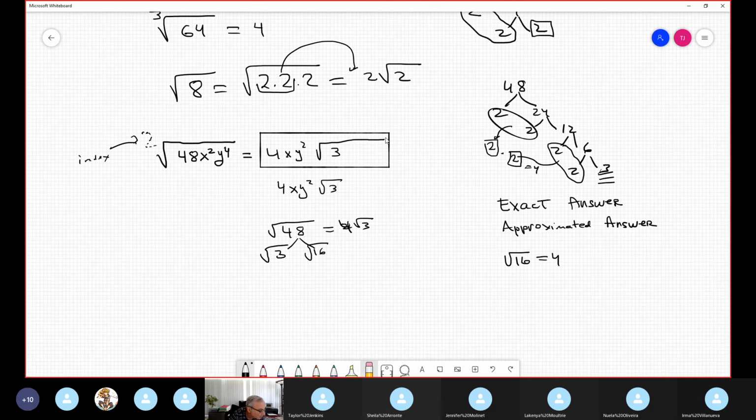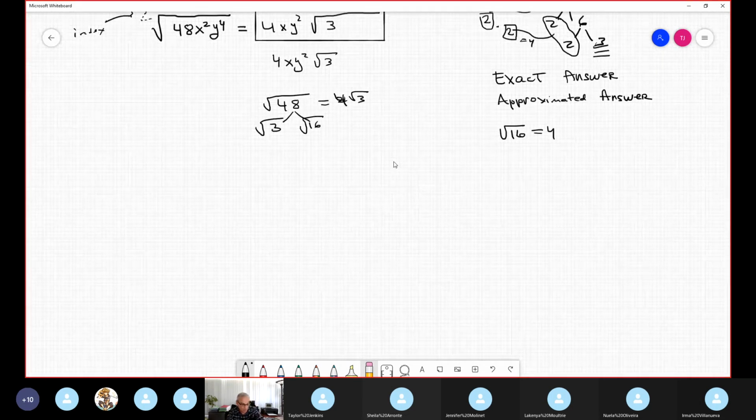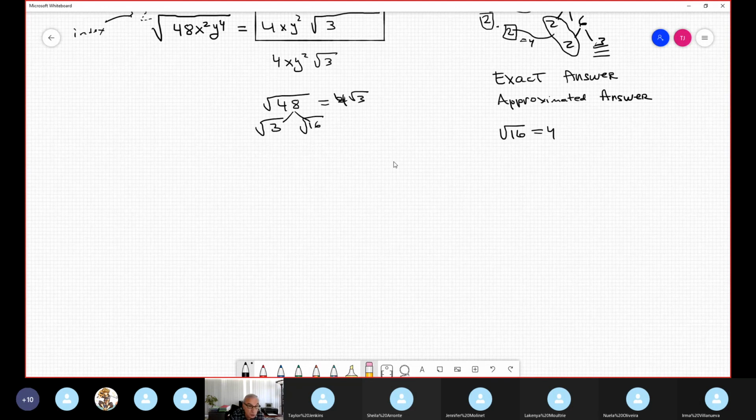Okay. Let's do one more. This is like an introduction for the radical. Now one more, and after we dedicate the entire time to doing this. Okay, suppose the cubic root of 125 x to the 4th power, y to the 5th power.